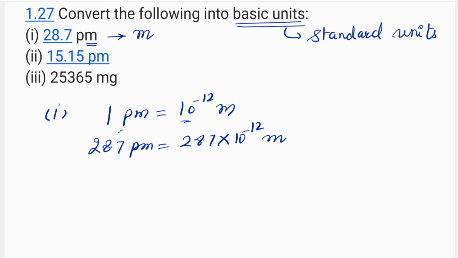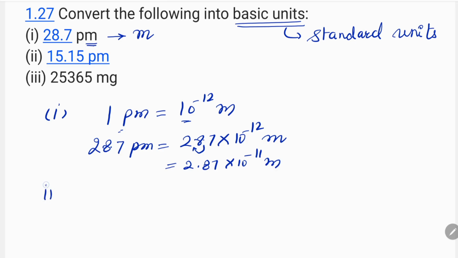You can convert it into the standard terms, scientific notation also. We are going to shift this decimal towards left hand side. So 2.87 into 10 raised to power negative 11 meter, it becomes the answer.